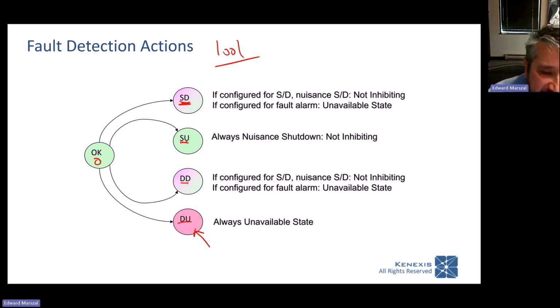But the diagnostics, you'll see that I drew these as half red and half green because it might be an unavailability, it might be a spurious trip, depending on how you configure your shutdown system. So when you have a dangerous detected failure, and I'm going to use the colloquialism, a detected failure is a bad PV, bad process variable.